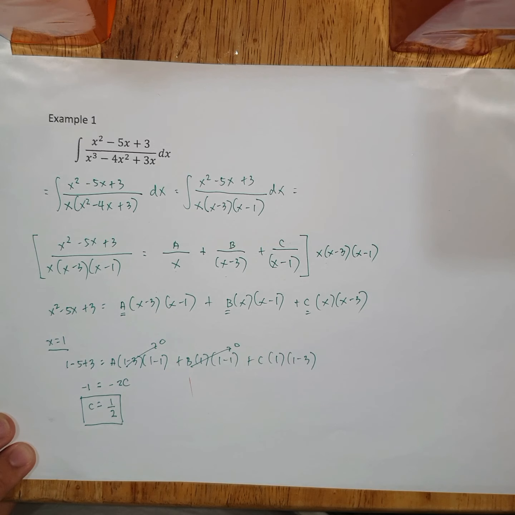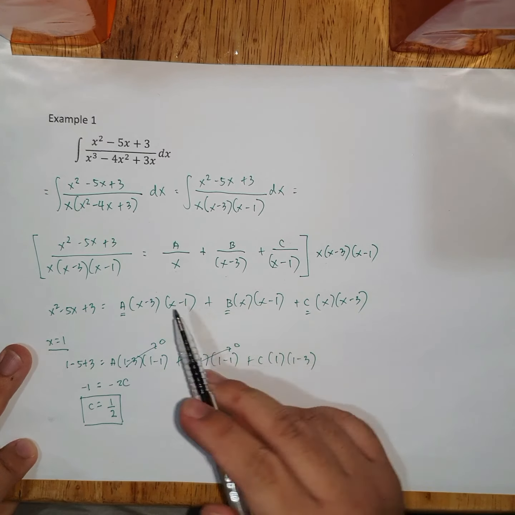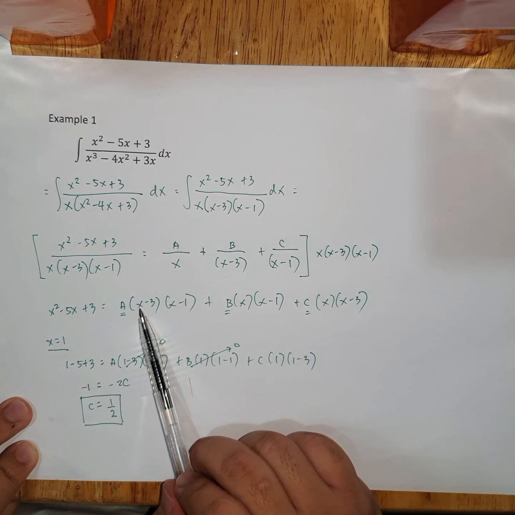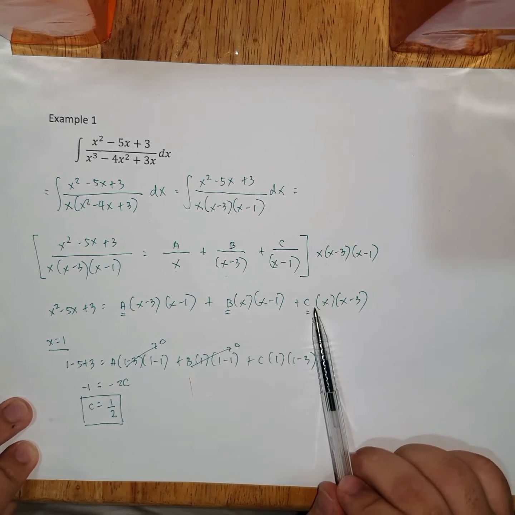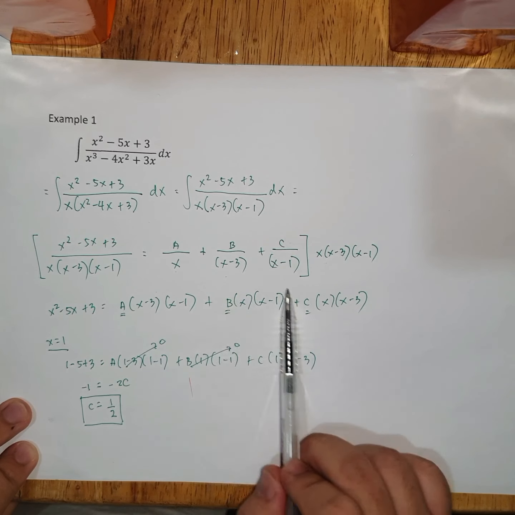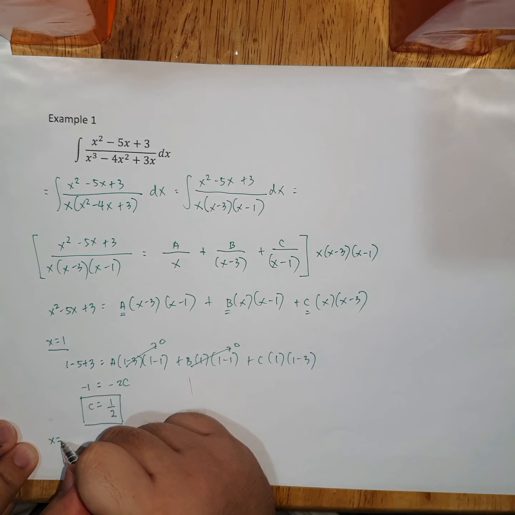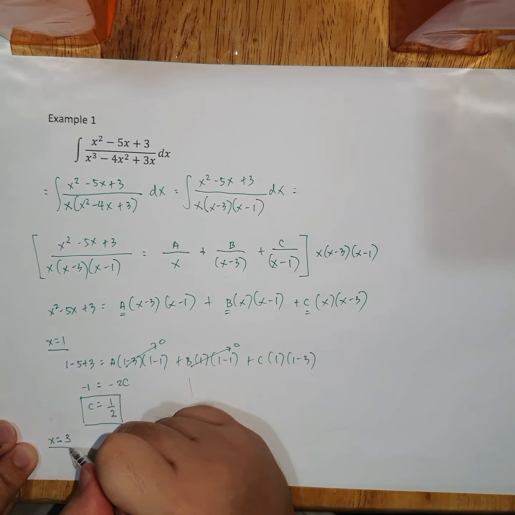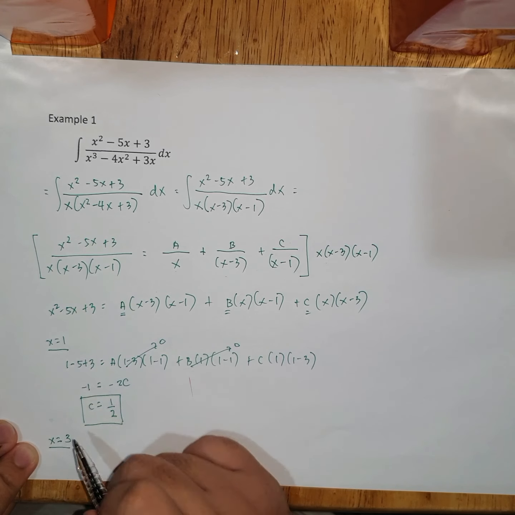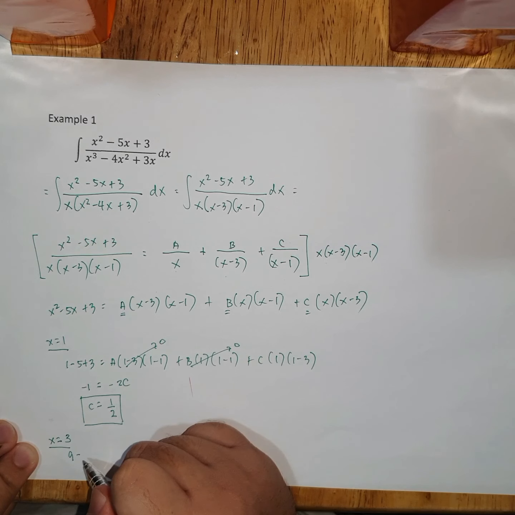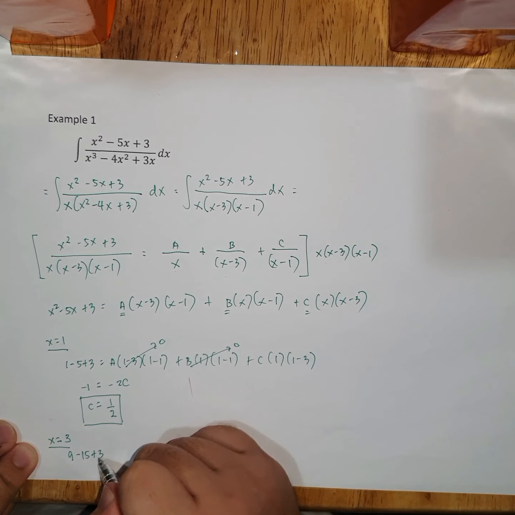Next, isip ulit tayo ng value ni x na pwede mag-0 yung ibang factor. So, try natin gawing x is equals to 3. Pag x is equals to 3, si A mawawala, si C mawawala, si B ang magkakameron ng value. Okay? So, x is equals to 3. Okay? So, substitute natin dito. So, 3 squared is 9 minus 5 times 3 is 15 plus 3.